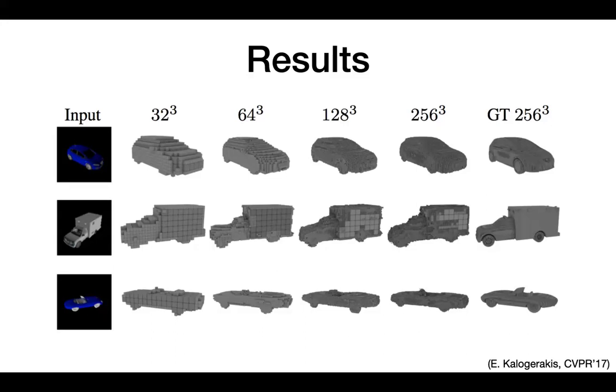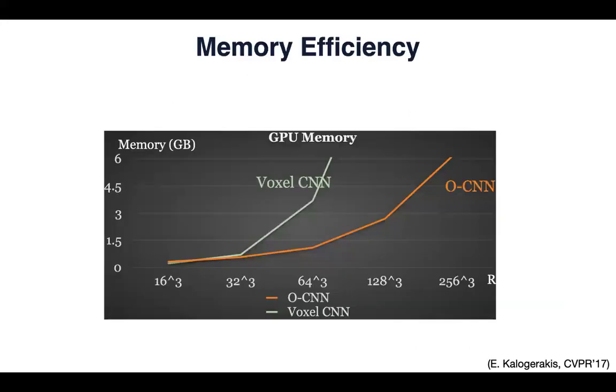And this is the state of the art in 2017, right? So nowadays you can go even further because of the improvement in devices, computation, and technology. And here we can see clearly the advantage of an octree CNN over a voxel CNN.